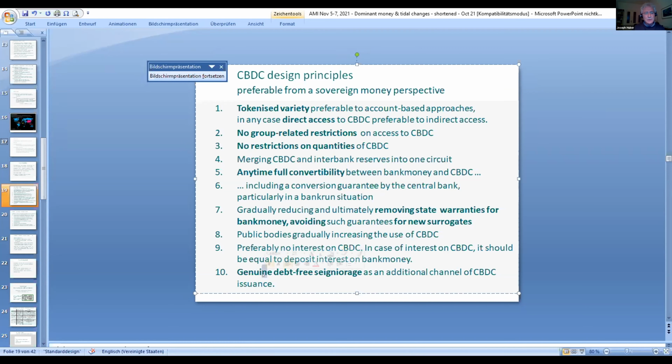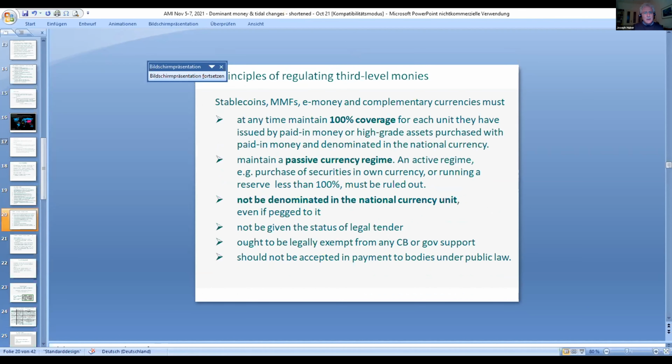And then, for example, point number 10: CBDC opens the perspective of being able to issue, in larger amounts, genuine debt-free seigniorage, rather than lending the money to the banks and other financial institutions. It could be issued in various ways as genuine debt-free seigniorage.